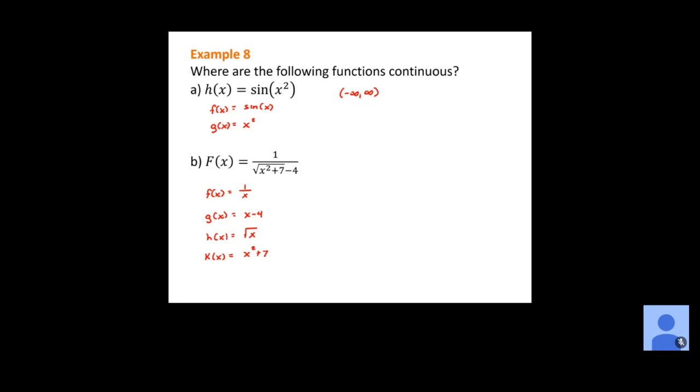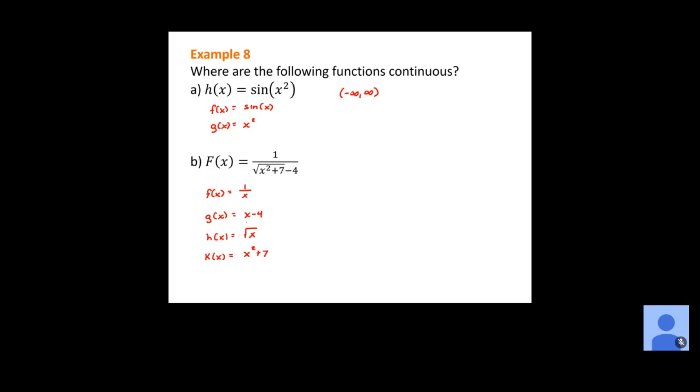Are rational functions continuous on their domains? Yes. Okay, so we're not saying that it's defined everywhere. We're just saying that on the domain of that function, it is continuous. So this one definitely is going to have a discontinuity at 0, but for its domain, it's going to be continuous.